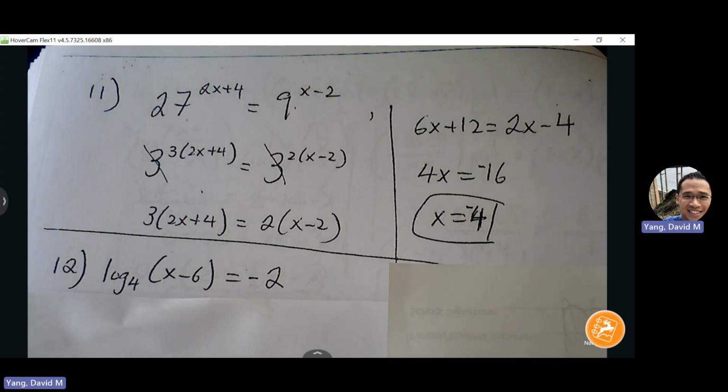12 is nice. You can just jump directly into exponential form. And just free that x minus 6 up.